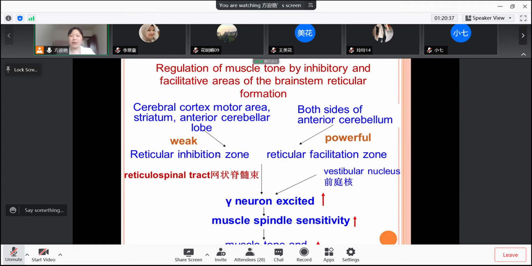So this is the regulation of muscle tone by the inhibitory and facilitation areas of the brainstem reticular formation.